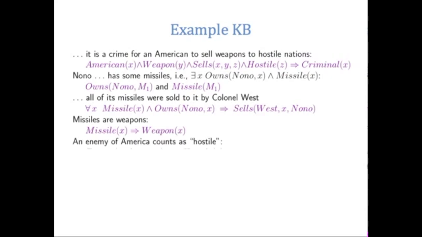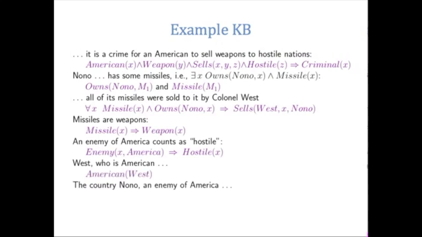Then we will represent that an enemy of America counts as hostile, and that's easy too. If X is an enemy of America, then X is hostile. And then in the text example, it says, West, who is an American, which we'll take as meaning basically that West is an American, so that's easy. We can just say American West.